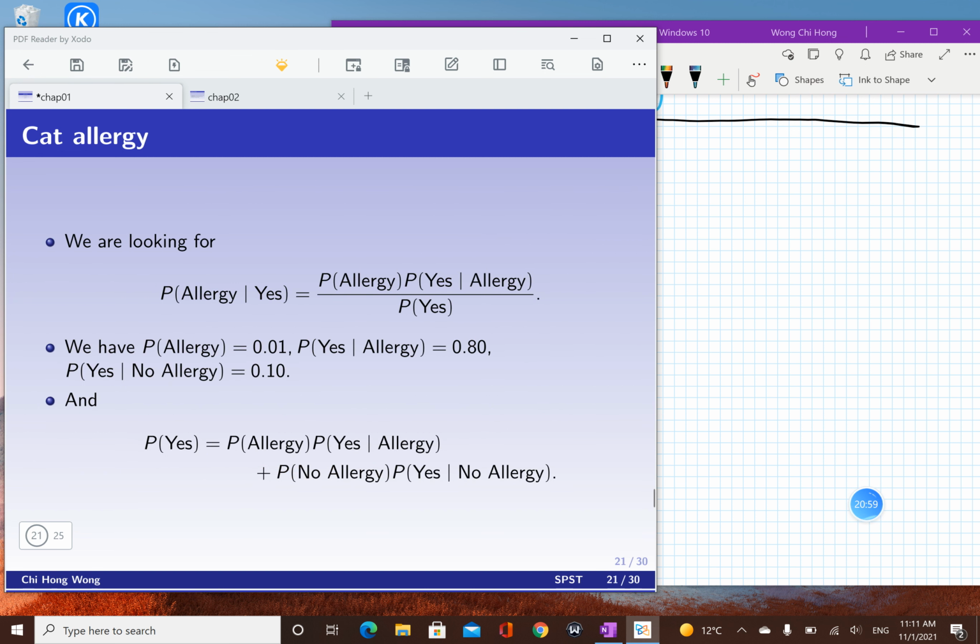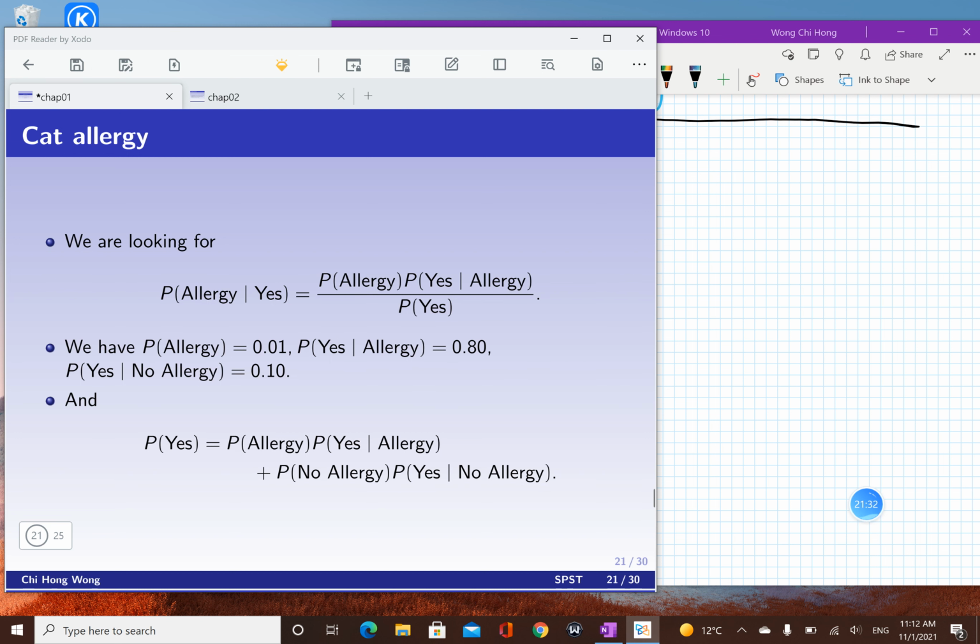Well, Bayes' theorem tells us that what we're looking for, the allergy given that it is positive, is given by this expression. On the top line, you need to have the allergy, and then the test says yes to you. On the bottom line is simply having a positive result.